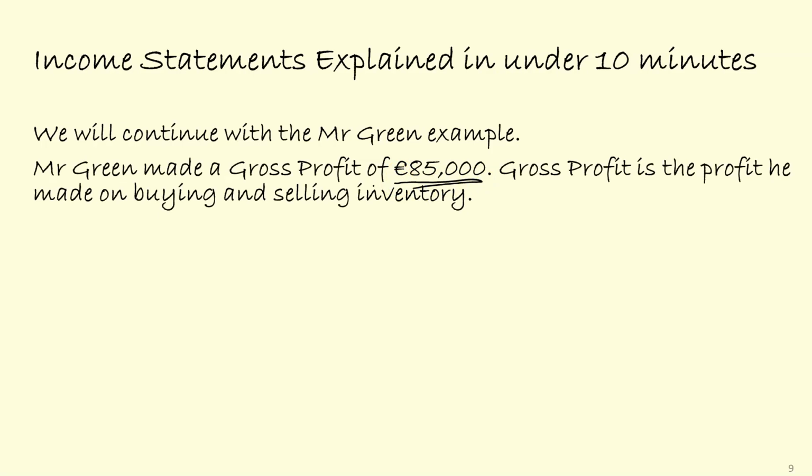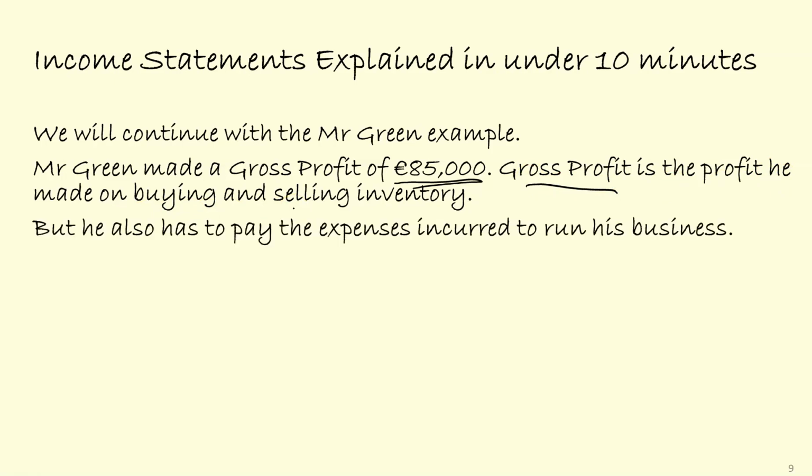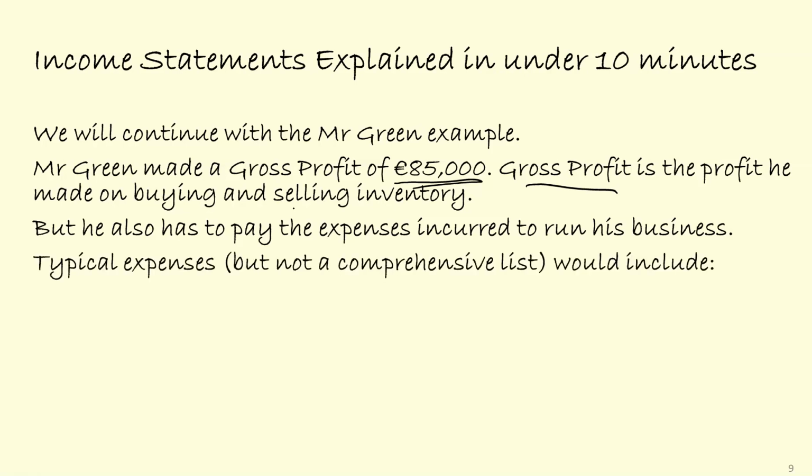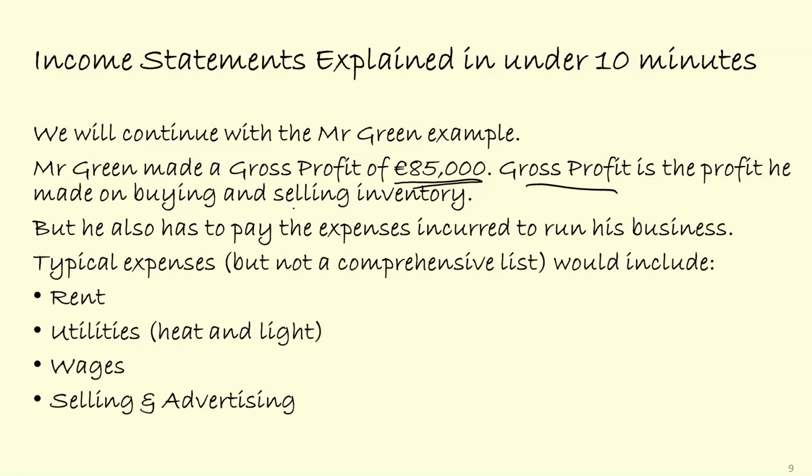We calculated that earlier. Gross profit is the profit he made on buying and selling inventory. But he also has to pay the expenses incurred to run his business. Typical expenses, but not a comprehensive list, would include rent, utilities such as heat and light, wages, selling and advertising.